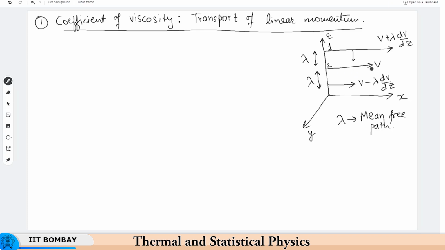Similarly, since molecules moving in plane number 2 are moving faster than molecules in plane number 3, there will be a net transfer of momentum from this direction to this direction, and also from this direction to this direction, right. So, let us call this plane 3, and the red arrow means transfer of linear momentum.